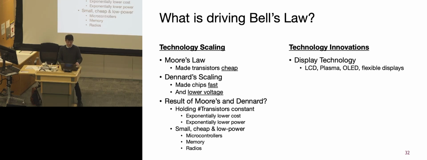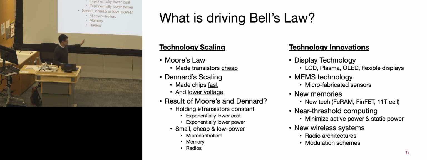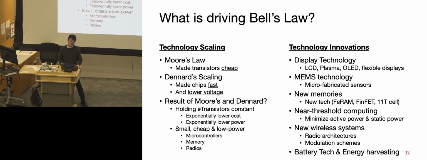And other technology innovations, with more types of devices being developed, like displays, memory, and microfabricated sensors, as well as new wireless systems, for example cloud computing, etc. And battery technology. That one is slowly catching up. Hopefully they will solve that soonish.